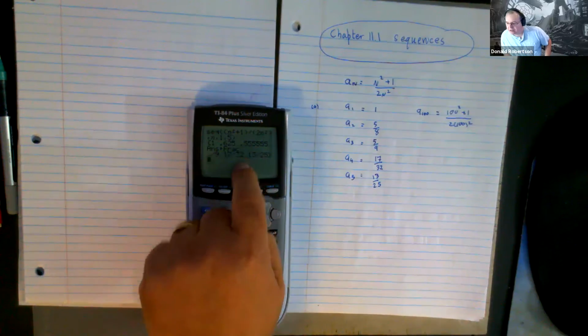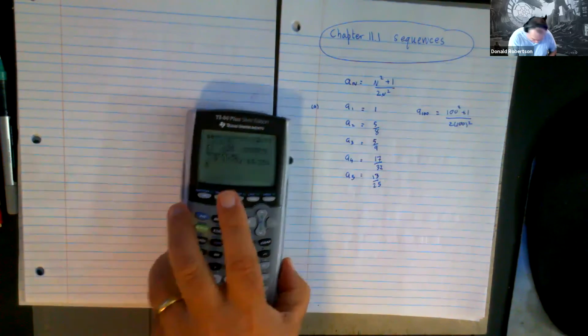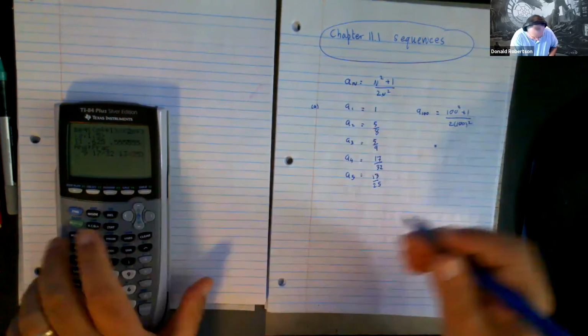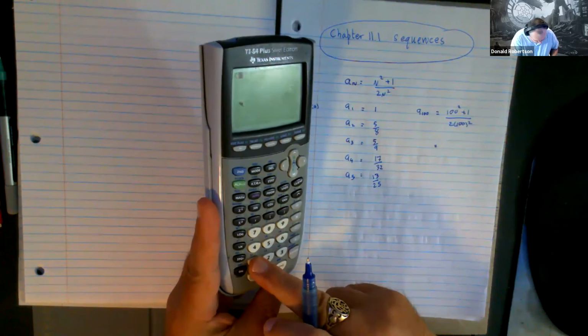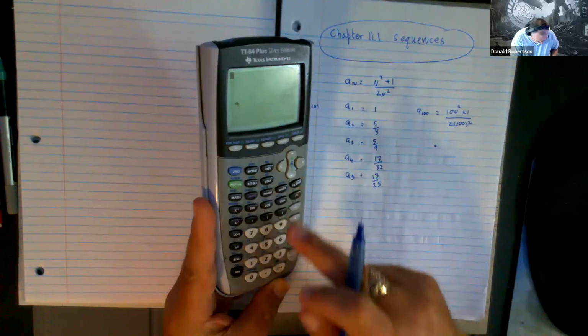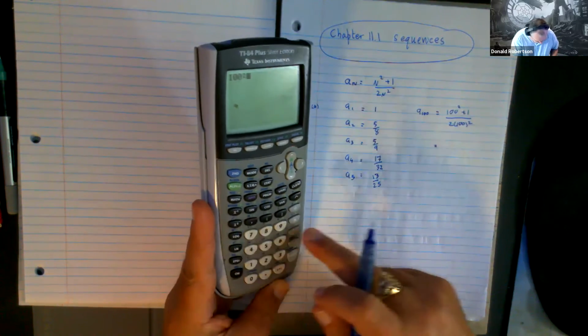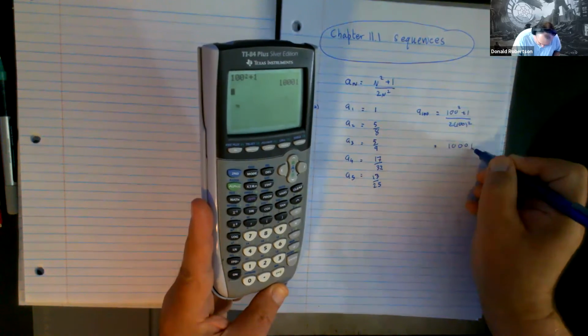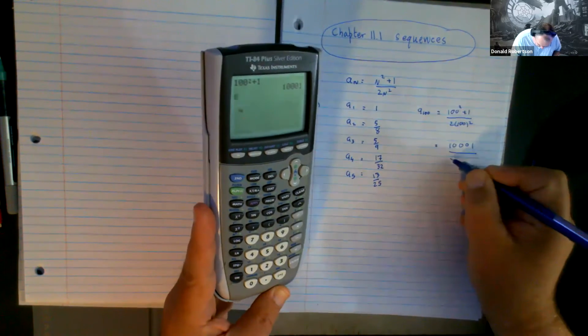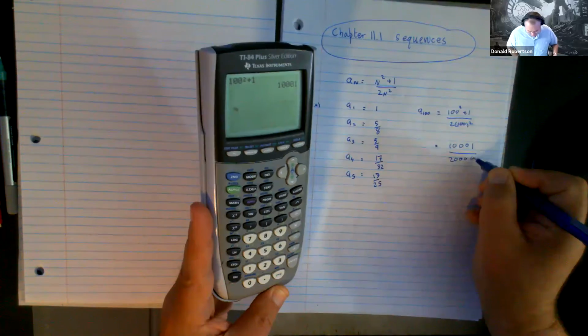Wouldn't that take forever and it would be messy? I would just do it the old-fashioned way. So on the top brackets, let's actually do it in 2 stages. 100 squared plus 1, which gives me that number on the top, and it gets me that number on the bottom.